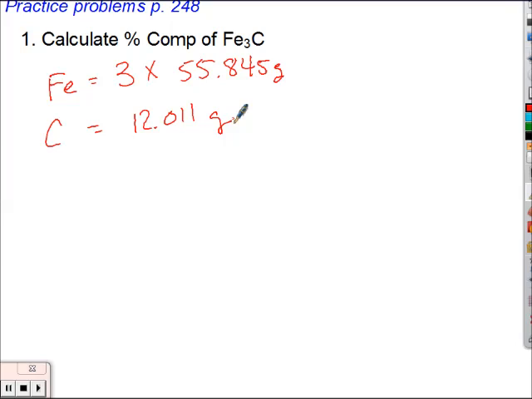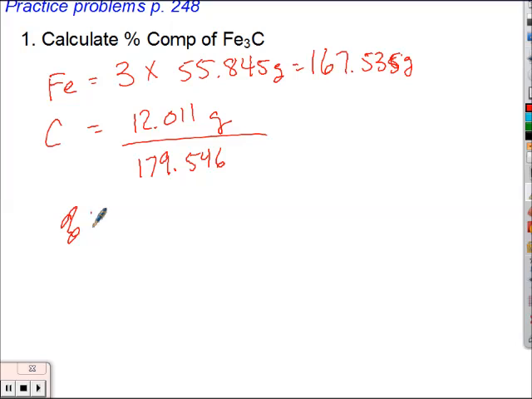So 3 times 55.845 is 167.535 grams. Add those together and we get 179.546. So the percentage of iron in this compound is 167.535 divided by 179.546.